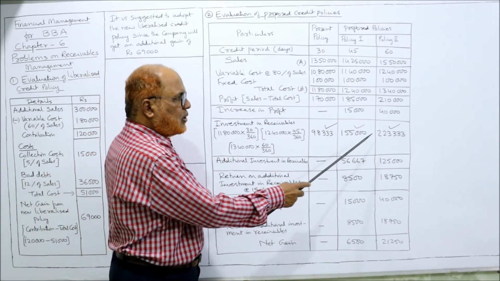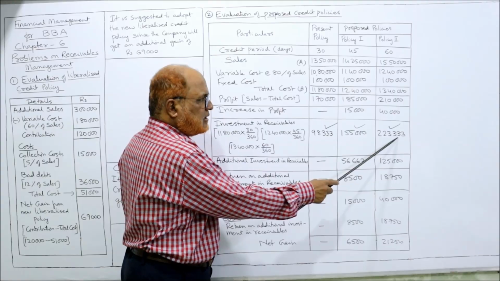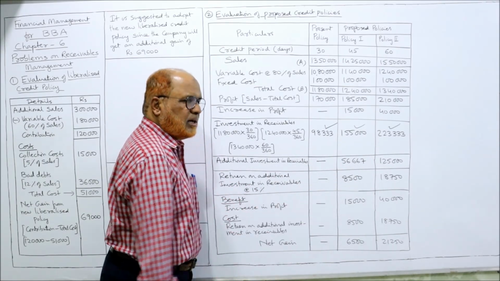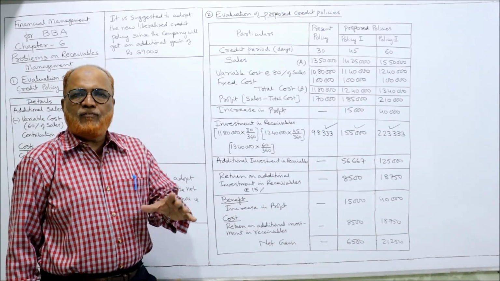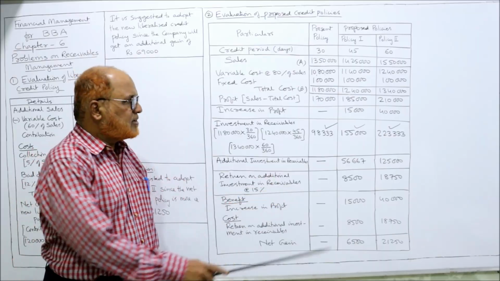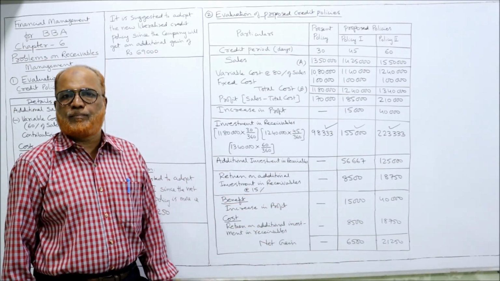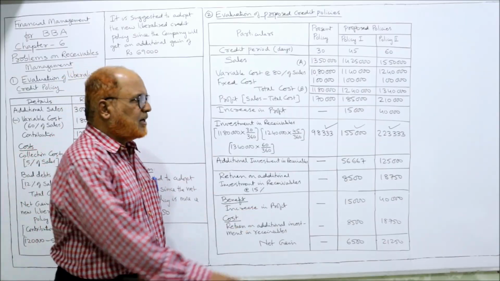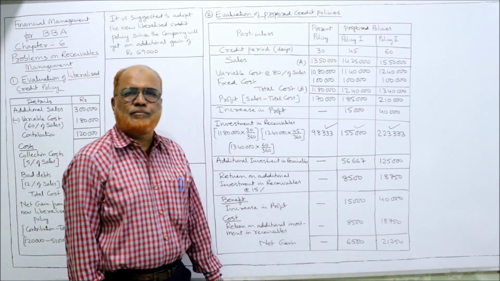In policy 2, 2,23,333 minus 98,333, you will get 1,25,000. So if we adopt the first policy, we have to make an additional investment of 56,667. If we adopt the second policy, the additional investment in receivables is 1,25,000.